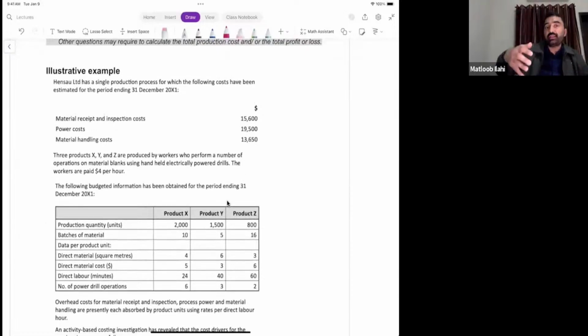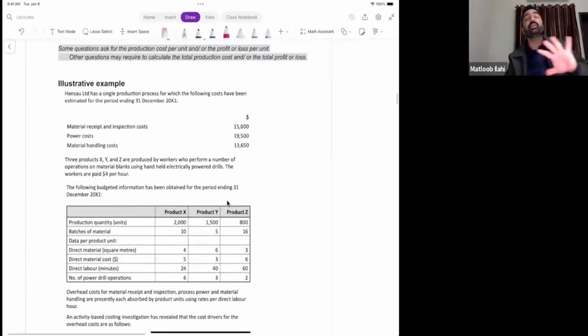I will explain it from the solution because the solution is already there. I also have the solution in an Excel sheet that I will share with you later. After this illustrative example, you will be fine with the whole ABC approach.